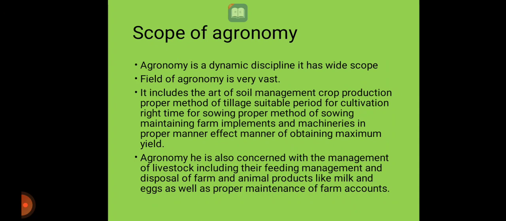It includes the art of soil management, crop production, proper methods of tillage, suitable period for cultivation, the right time for sowing, proper methods of sowing, and maintaining farm implements and machineries in proper working order, so as to obtain maximum yield. This is our important scope.